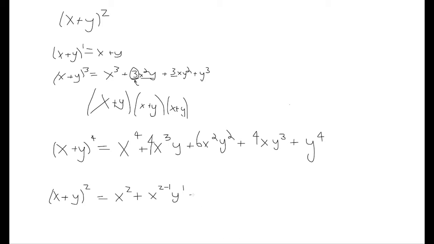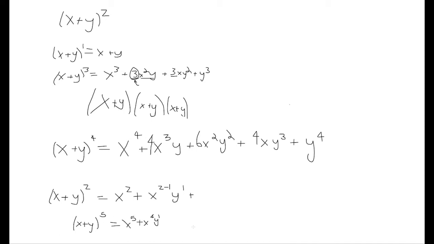So let's say x plus y to the fifth. Let's use that as an example again. It's going to produce an x to the fifth, we just said that, but it's also going to produce an x to the fourth times y to the 1, right? Because it's possible that 4 of these x plus y's are x's and only one of them is a y.